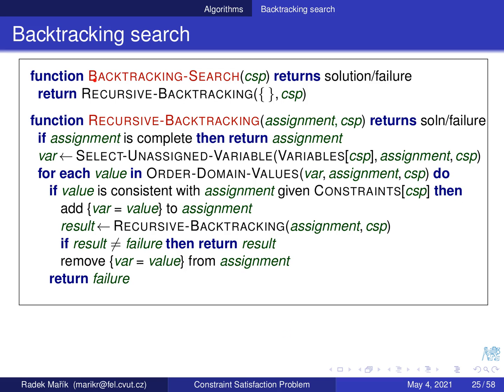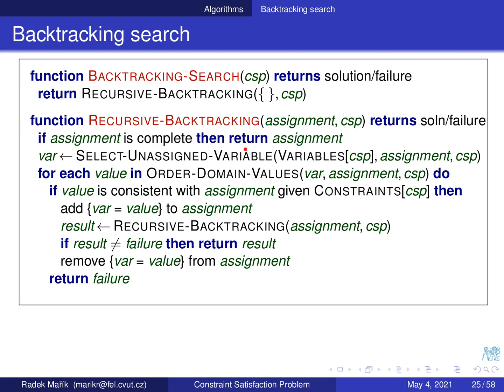Basically, we perform backtracking search, and it calls the recursive function with an empty assignment and a list of constraints. That function, recursive backtracking, first checks if the assignment is complete. Then we return the solution.